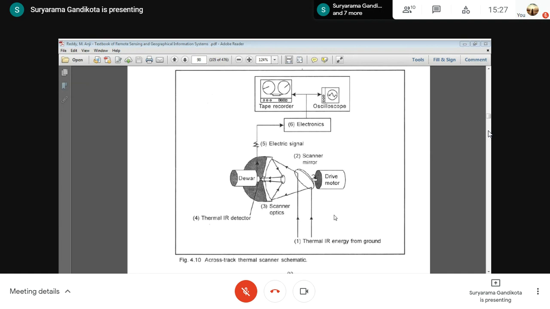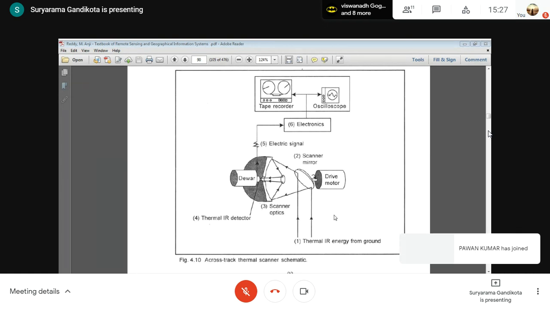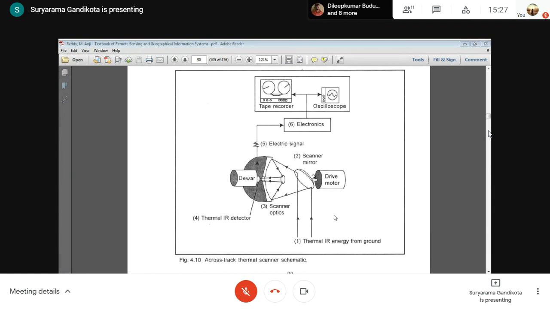This is the figure given for across-track thermal scanner schematic picture. So here first one is the thermal infrared energy from the ground, which is radiated. The energy coming from the ground is taken as the source. And second one is the scanner mirror. It scans the energy, thermal energy.